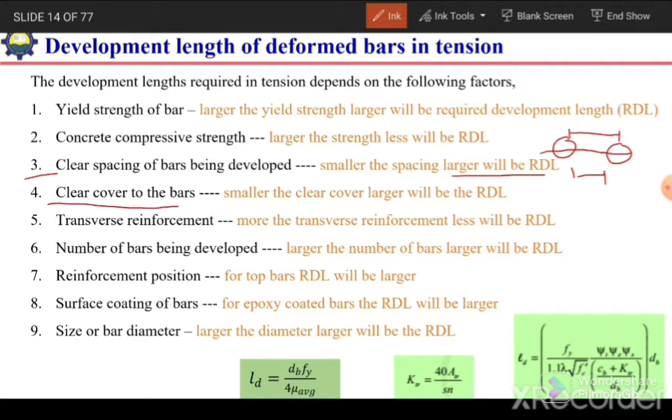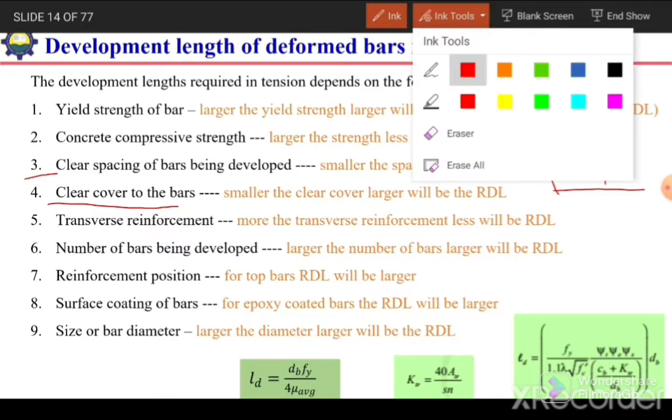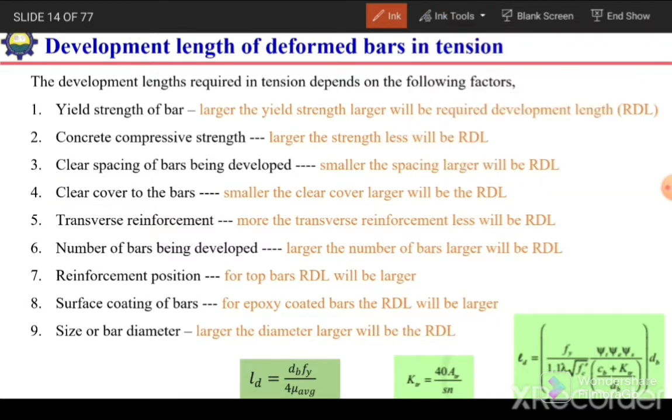The lesser the clear cover, the larger will be the required development length. Because of the lesser distance between the bars and the lesser concrete cover, the crack will appear like this. The splitting crack will appear easily, and as a result the bond strength will reduce and the required development length will be increased.